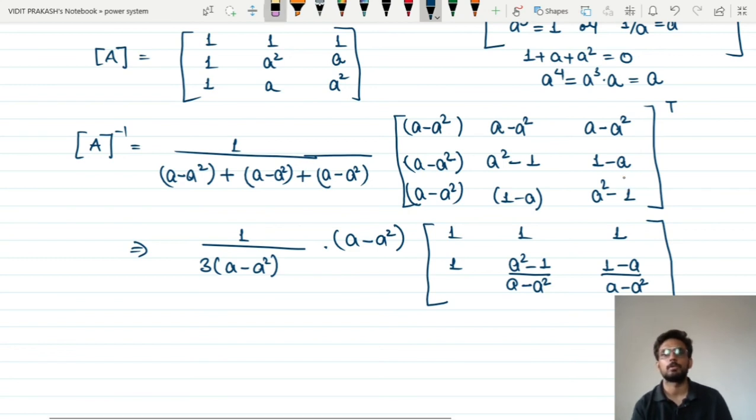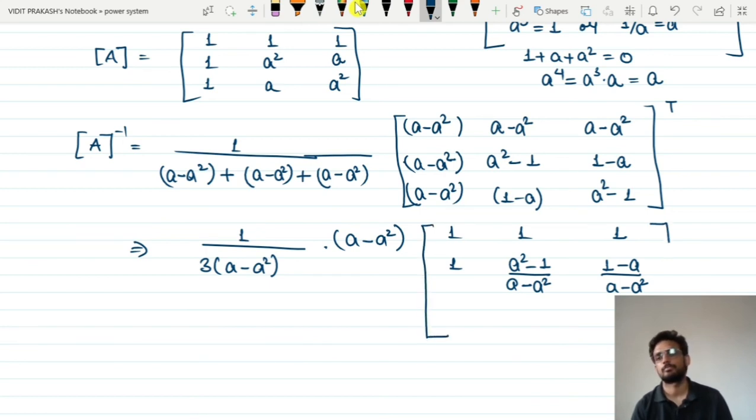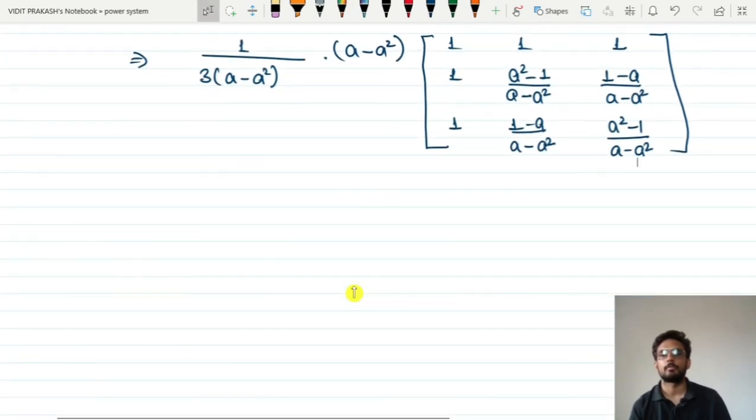Okay. What about the third row? Third row will be 1, and this will be 1 minus A by A minus A square, and this will be A square minus 1 by A minus A square. Okay, now these two will get cancelled, right?